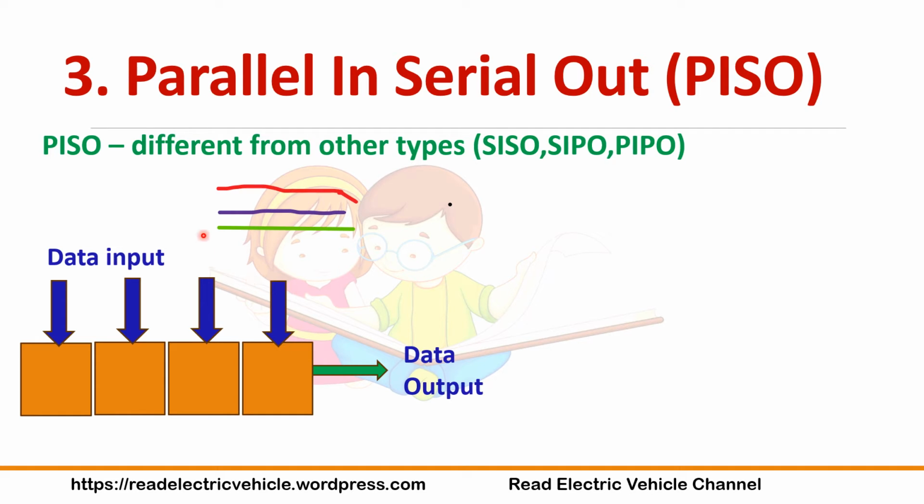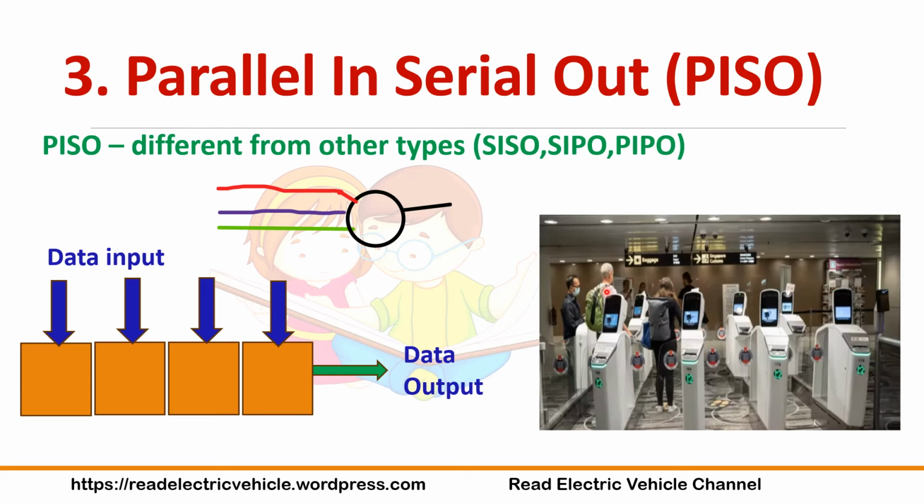You can remember this like you have 3 parallel lines, or we normally stand in 3 different queues, but finally you have to go through only one gate. So what normally happens? Congestion will occur, so you have to take care of it. A real-time example is security check in an airport.